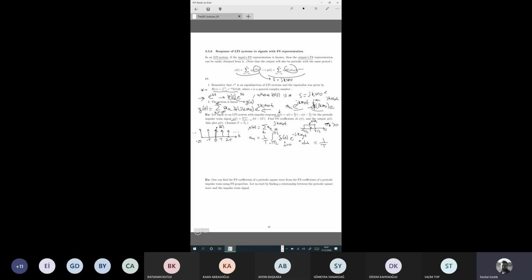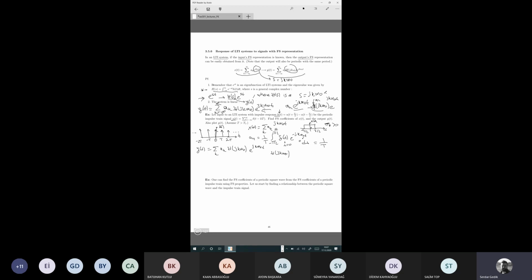Well, what about y(t) then? y(t) is the summation over k from minus infinity to plus infinity of a_k H(jkω0) e^{jkω0t}. If I find H(jkω0), then I'm done. What about H(jkω0)?